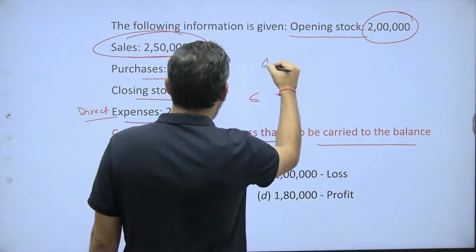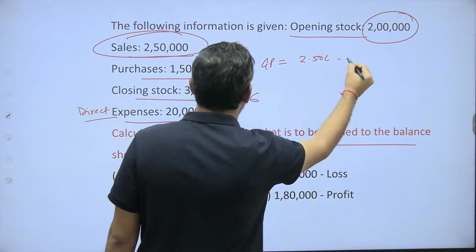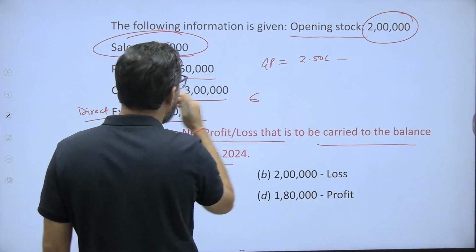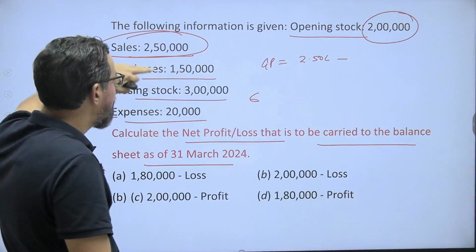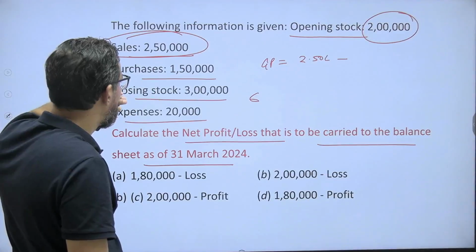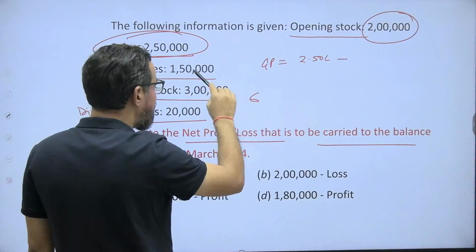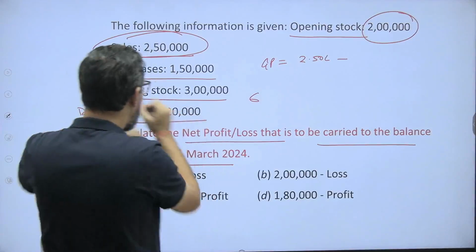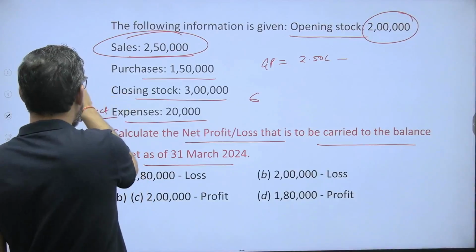If you calculate the gross profit, sale is 2.50 lakh minus 2 lakh, 3 lakh 50,000, 3 lakh. Okay, sorry. Why am I adding that particular one? 2 lakh, 3 lakh 50,000 plus 3 lakh 70,000. Okay, 3.70 lakh. Minus closing stock of 3 lakh, so it is 70,000.